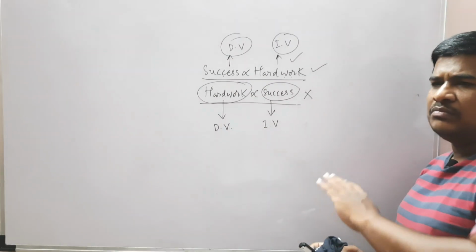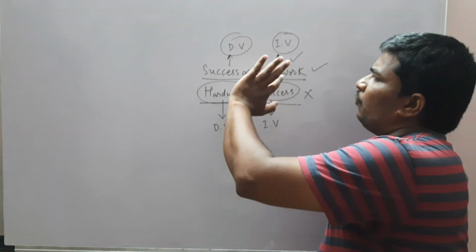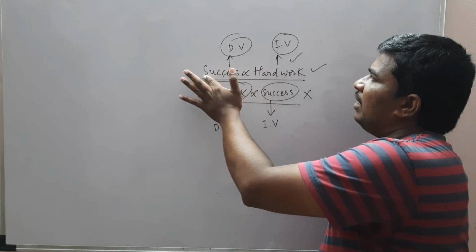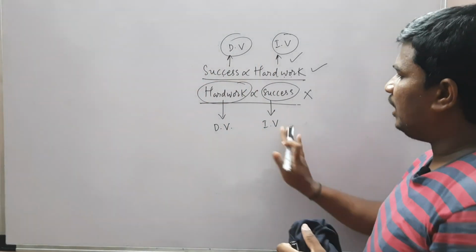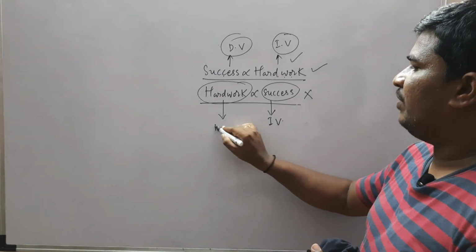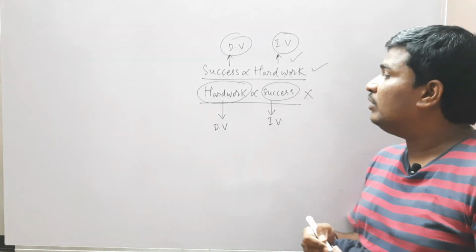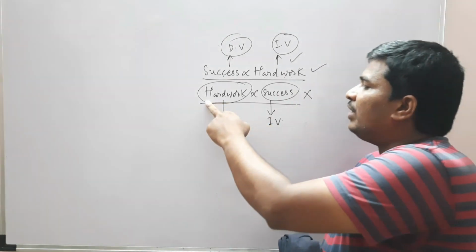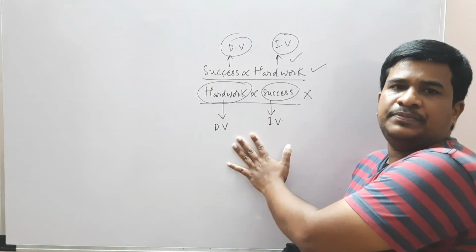Writing independent variable, dependent variable here. Okay, fine, I didn't write wrong. So in this second example, success is the independent variable, hard work is the dependent variable. This is not correct.